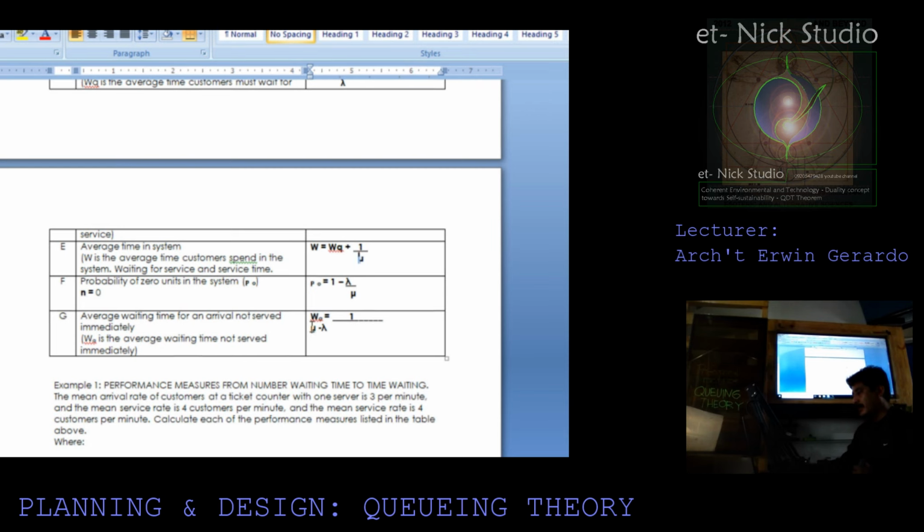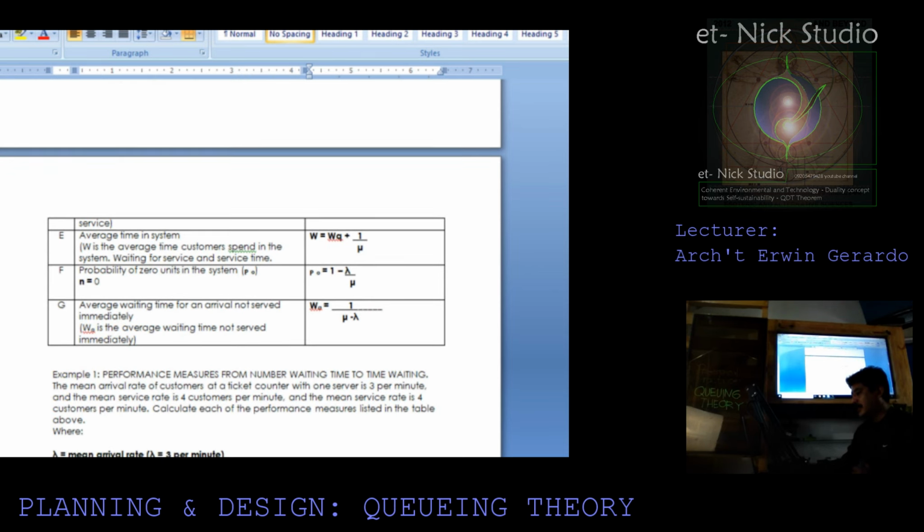While for letter F, probability of 0 units in the system, P0, meaning there is no need to wait or there is no waiting time at all, so n is 0. For letter G, the average waiting time for an arrival not served immediately, where WA is the average waiting time of an arrival not served immediately.